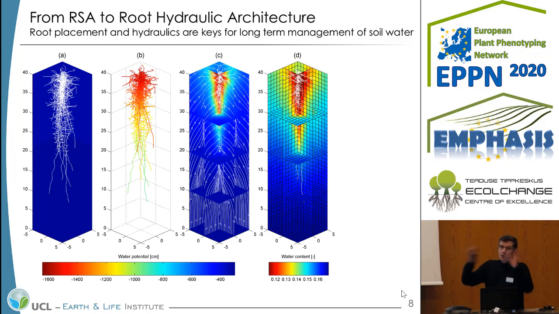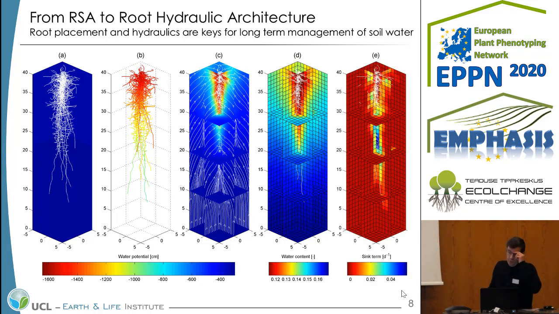Now, solving the two equations together, we get a very interesting variable, which is xylem water potential, everywhere along the root system, which somehow is the water potential sensed by every root. So an apex here is feeling much more water depleted than an apex which is located downwards.